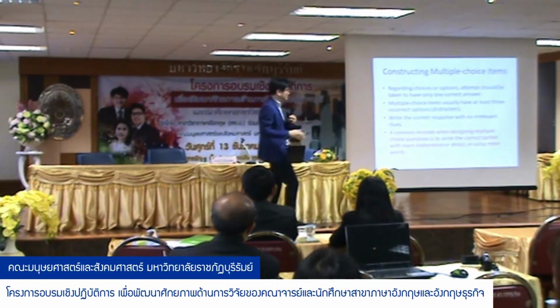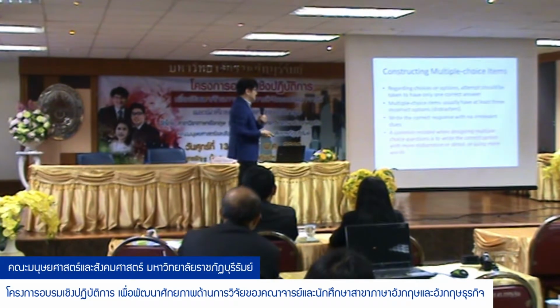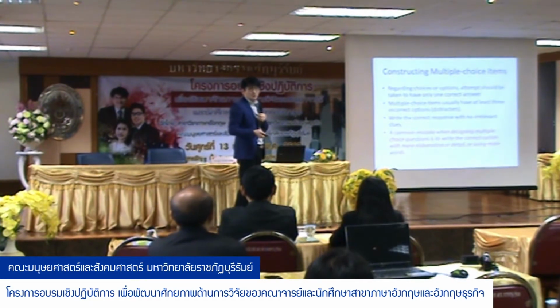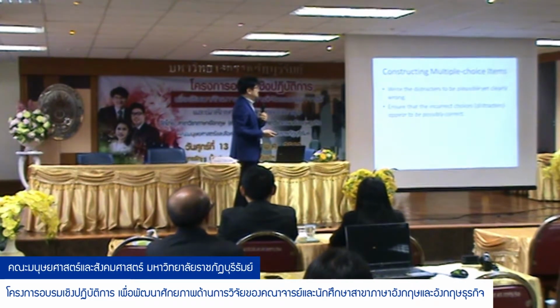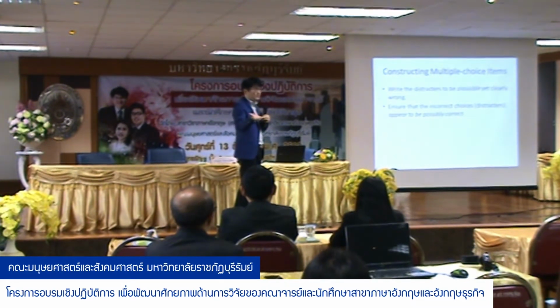So we must make the choices close in length; the word limit should be quite the same. And when you write these distractors, make sure that they are plausible, but clearly wrong. Plausible means possible.